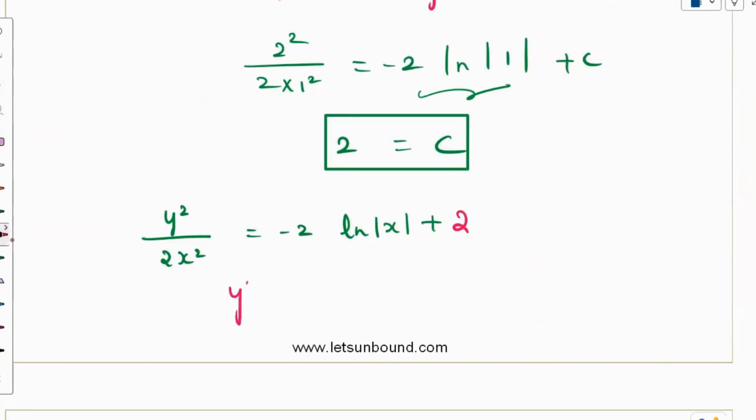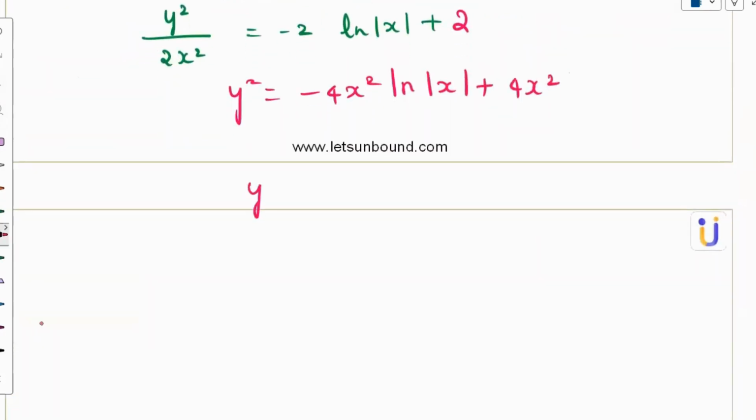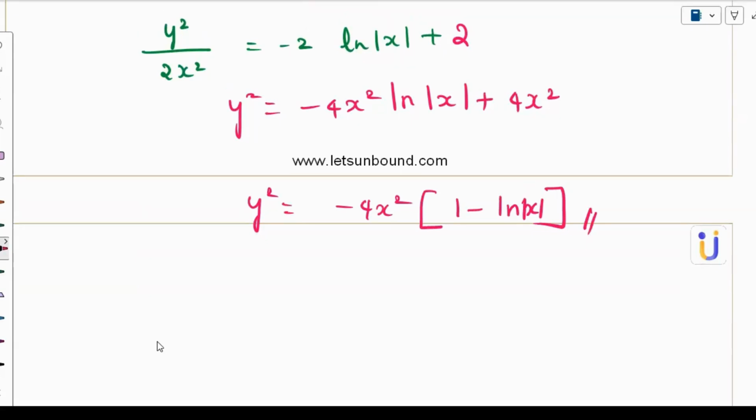Now you can write y squared equals minus 4x squared ln mod x plus 4x squared. The best answer in simplified form is y squared equals 4x squared times 1 minus ln mod x. Okay, first part is done. It's an 8-mark question. Then next part.